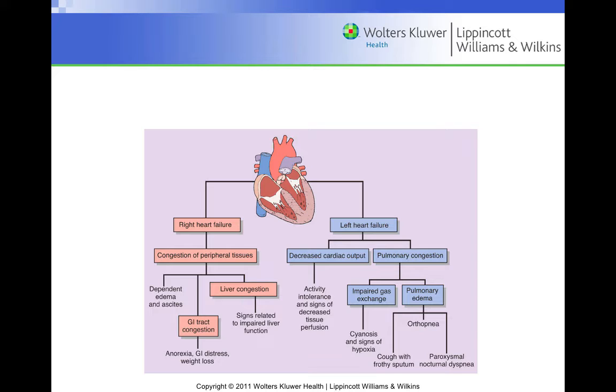Basically, you're going to see with left heart failure an activity intolerance because of the decreased tissue perfusion that gets significantly worse as the fluids continue to back up, and eventually you get the pulmonary congestion and the impaired gas exchange.